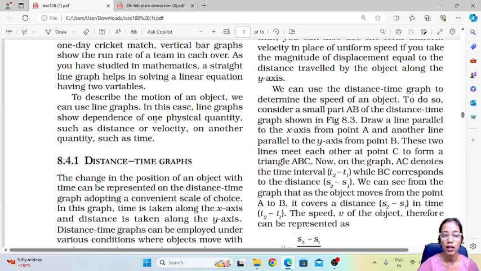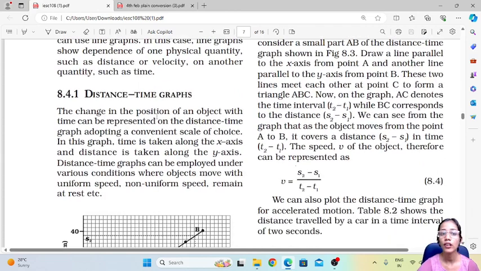Line graphs show dependence of one physical quantity such as distance or velocity on another quantity such as time.